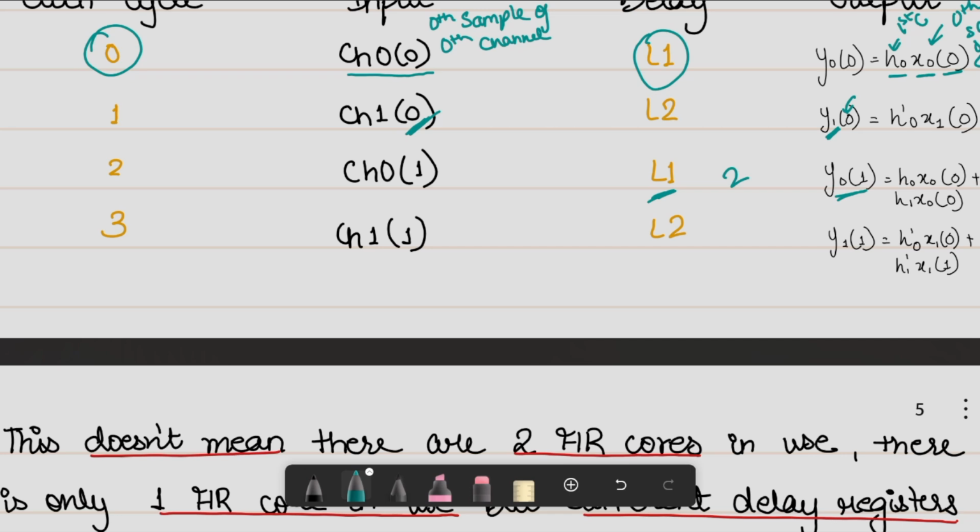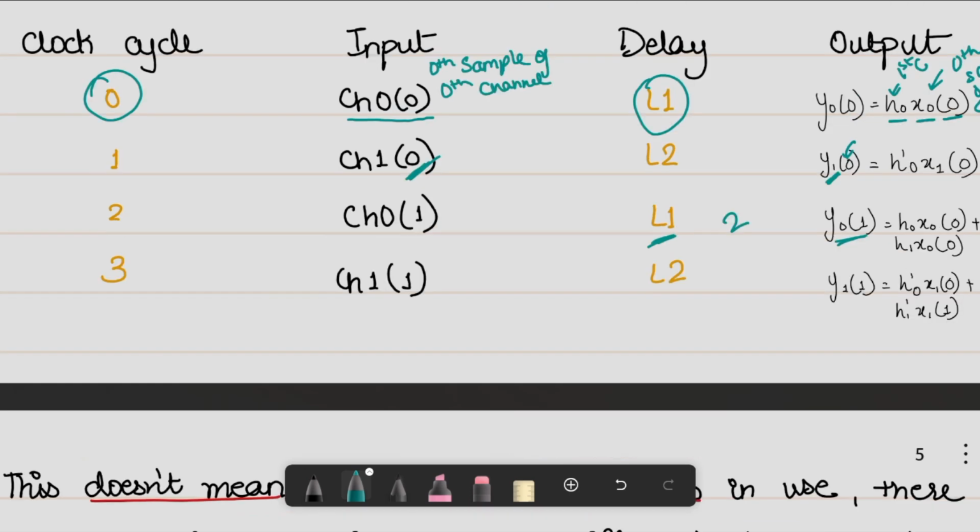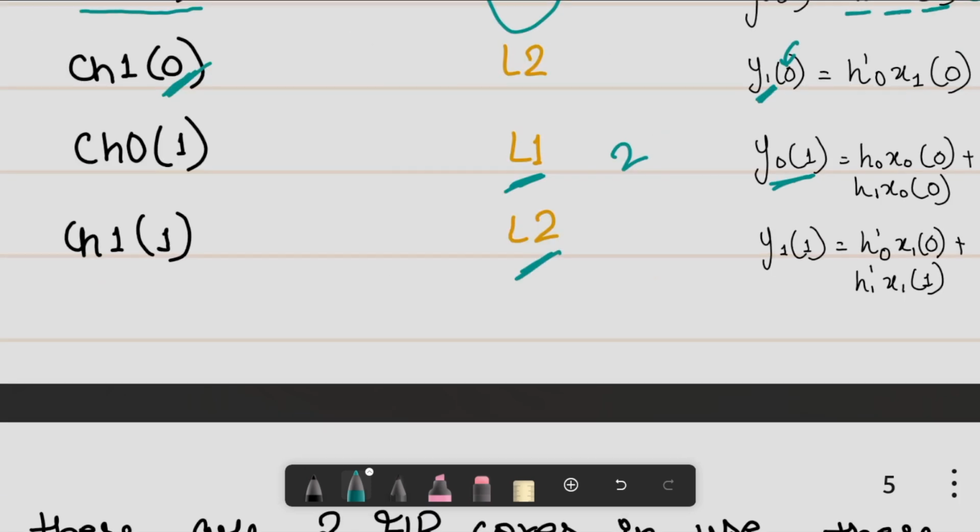On the third clock cycle, I will have an input from the first channel's first sample using the delay line L2, which will give me an output of Y11, which is H0 and X10 being dot producted, and a dot product between H1 and X11.